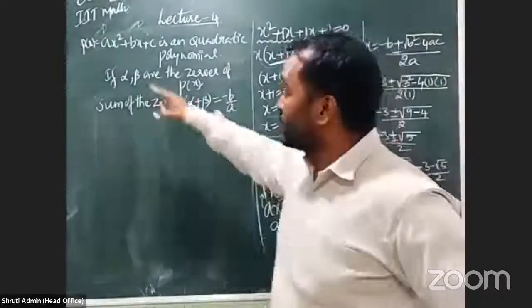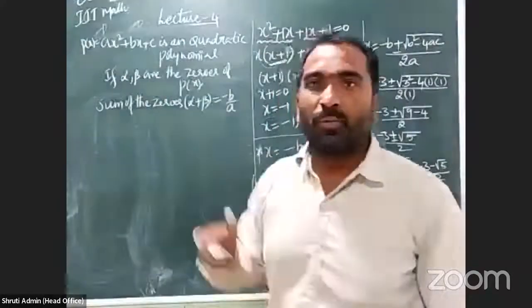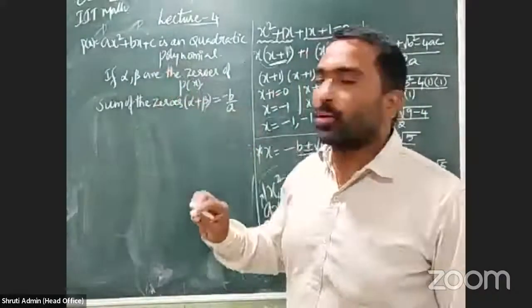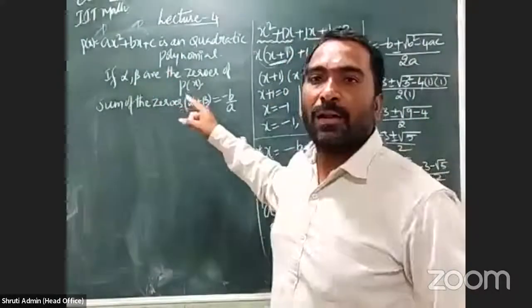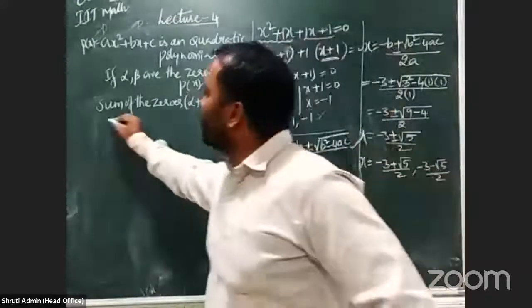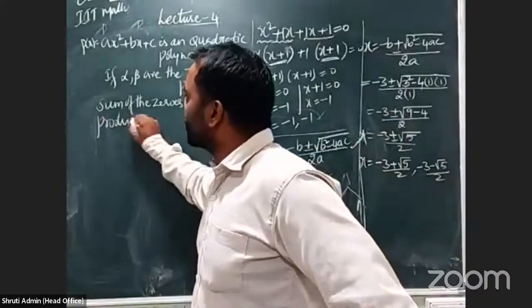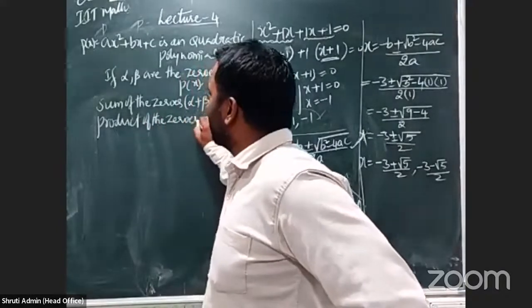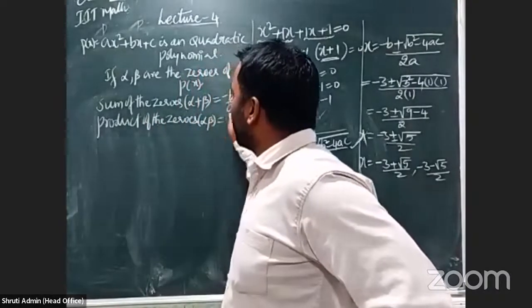This is the formula, because ax square plus bx plus c is a quadratic polynomial. The product of the zeros, alpha beta, equal to c by a.